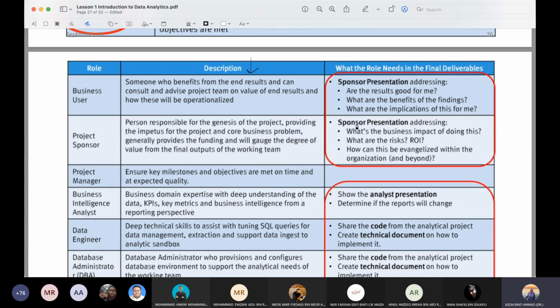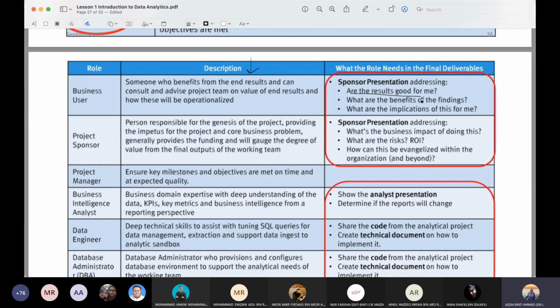Okay, so after the project has been completed, so business user need to see whether your proposed solution tu boleh solve tak dia punya problems. Is it good enough? And then what kind of benefits yang dia boleh dapat? Sebab kadang-kadang requirementnya lain.